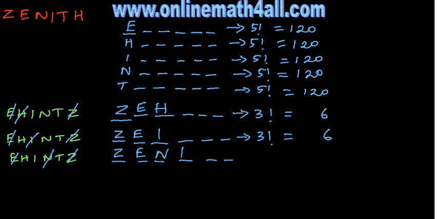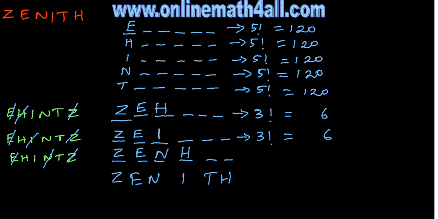So I fill the 4th place with H. And again I am 100% sure the word zenith will come after the order Z, E, N, H. At the 4th place we have the letter H, but at the 4th place of the given word we have the letter I. I comes after H, so the word zenith will come after the words in the order Z, E, N, H.